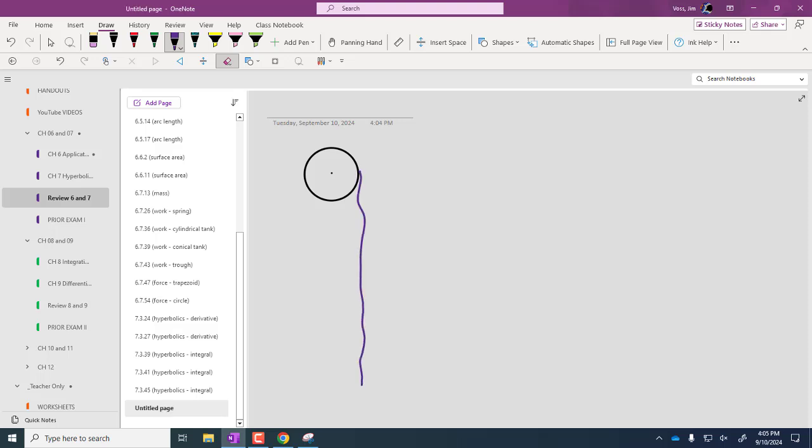Let's suppose that that cable is 70 meters. The question is, how much work to wind up the entire cable?